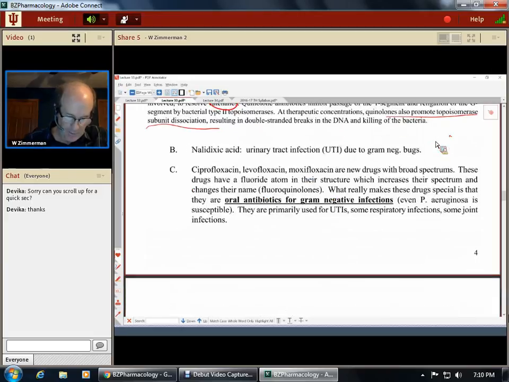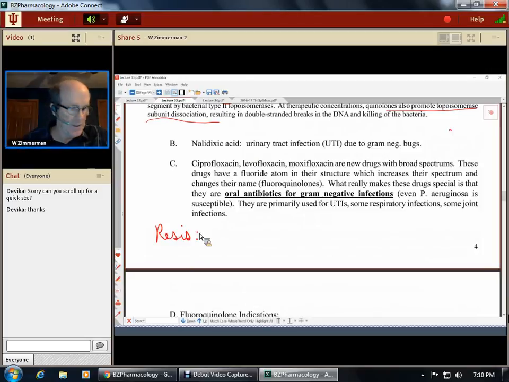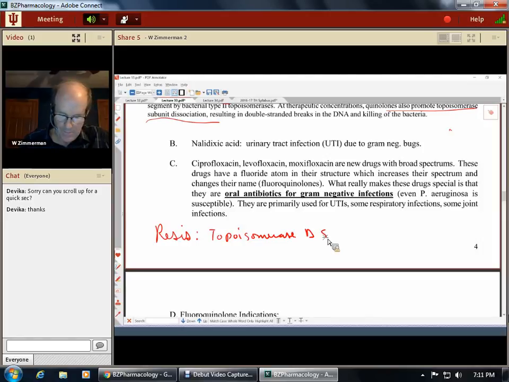Unfortunately, we do see some resistance. The resistance that we're seeing is sometimes that the topoisomerase changes its sensitivity to the drug, and it's just not inhibited anymore.